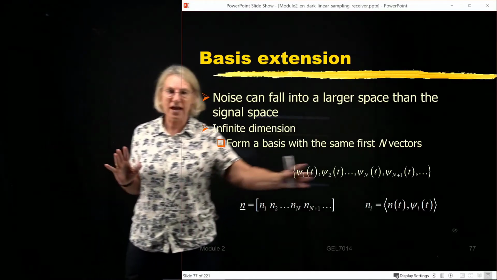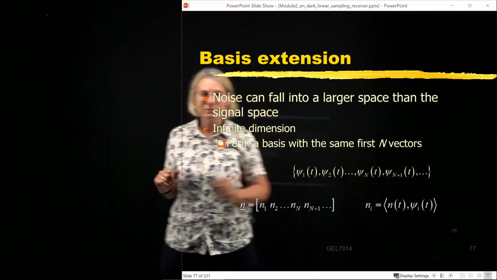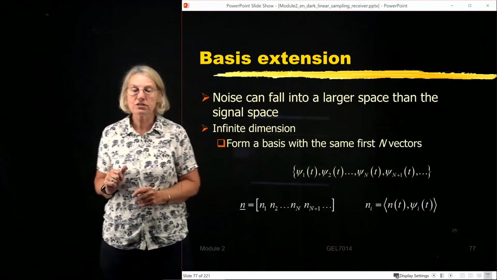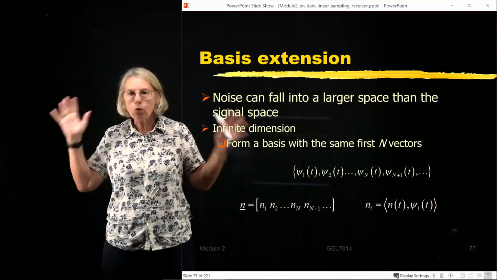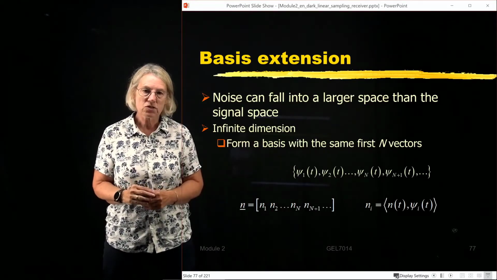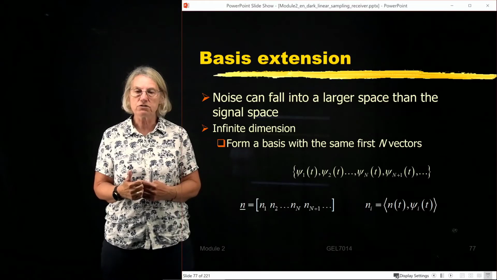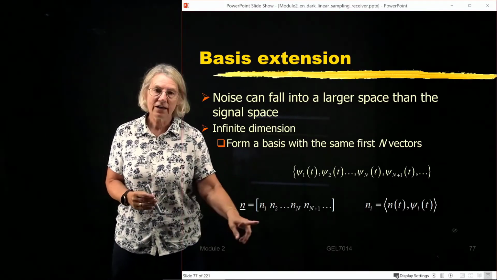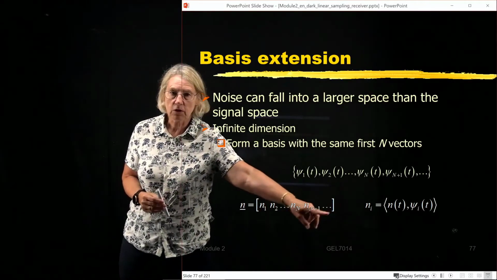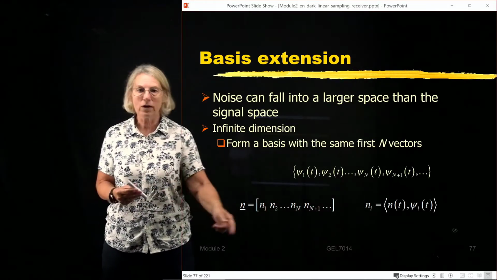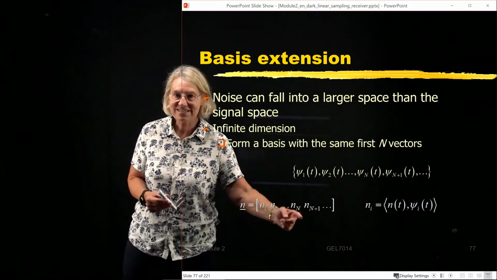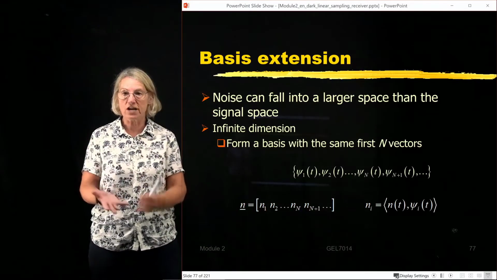Fine, so what I do is I add basis vectors to expand the space until it covers all the noise that could be generated. That means that if I look at the representation for a vector of noise, it will have an infinite number of coefficients, an infinitely long vector. And how do I find each of the coefficients of this vector representation of the noise contribution?